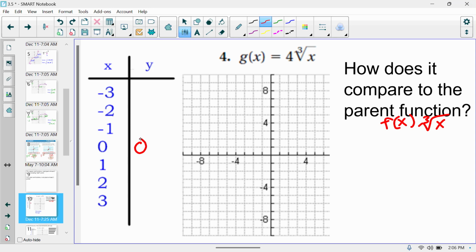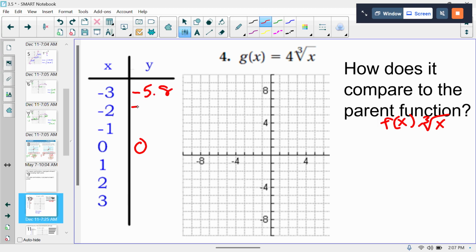And then again, this one, we have a table with several values we're just going to go ahead and fill in. So I'm just copying these right out of the table. You should have your table up on your calculator screen. We're just going to copy it. When you see -3, it's around -5.8. Then at -2, it's like -5.04, -1, -4.